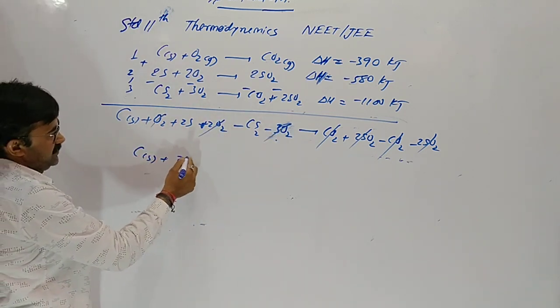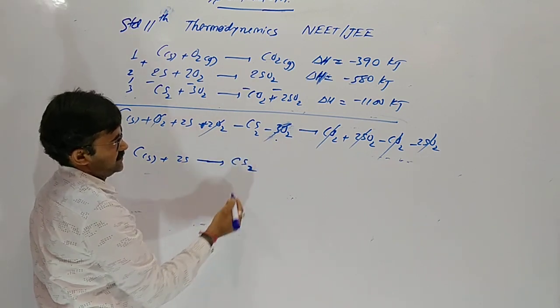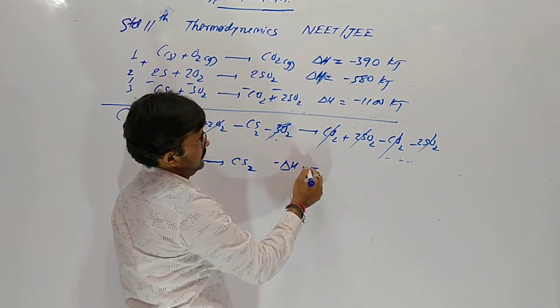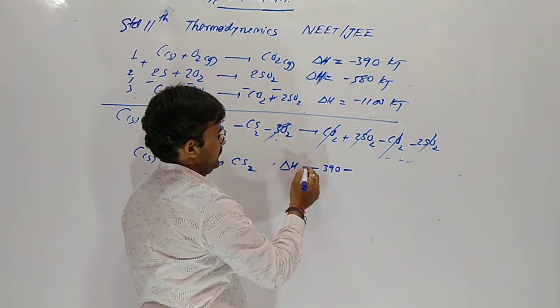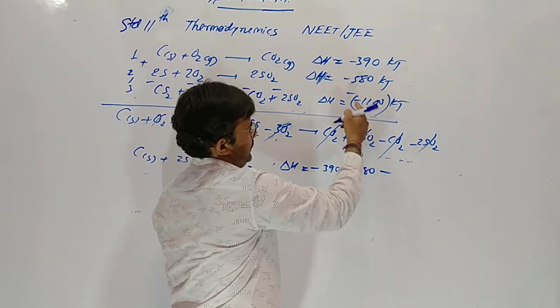So carbon plus 2S, minus CS2 moves to the other side as a plus. So આ બેનું total minus 390 minus 580, but minus minus plus.